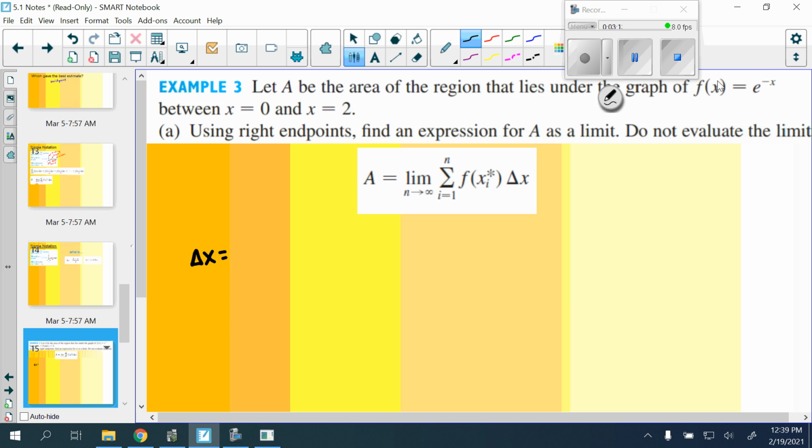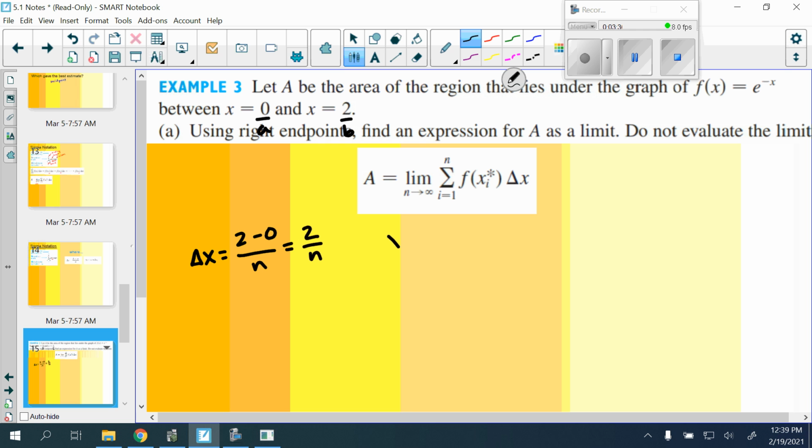So this would be our a and b values, which here is a is 0, b is 2. So we got 2 minus 0. Except here we're just going to generalize and not put anything specific in. It's just going to be over n, which then ends up just being 2 over n. So that's our change in x value.